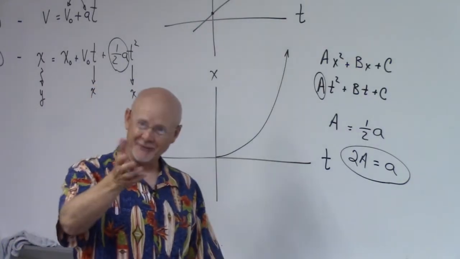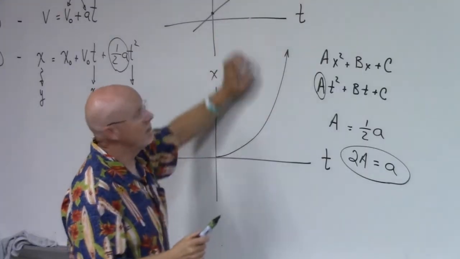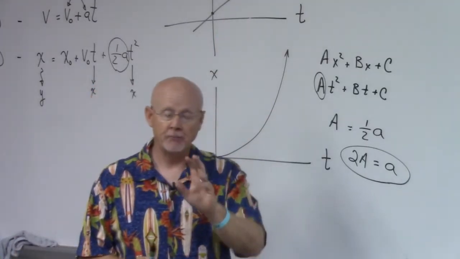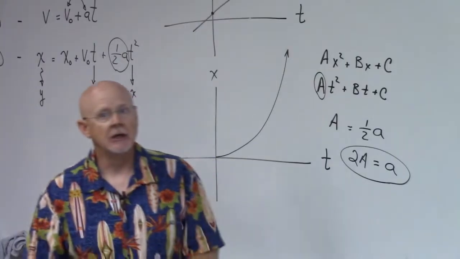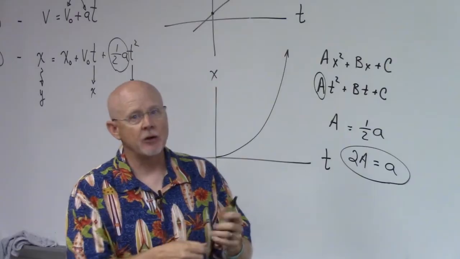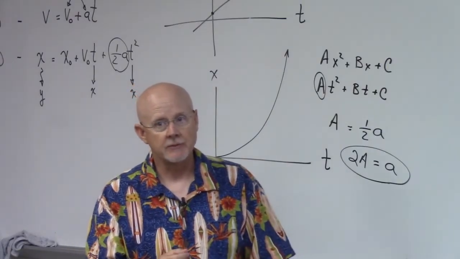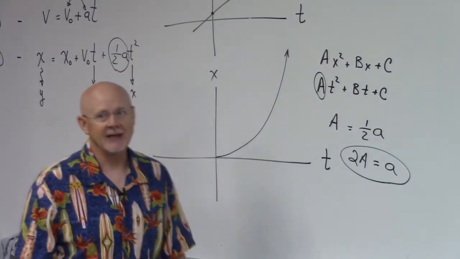And hopefully that'll be close to 9.8. So each graph will hopefully prove both parts. It'll prove A, we have constant acceleration, and it'll prove also B, that we have a value of 9.8. Or at least near 9.8.